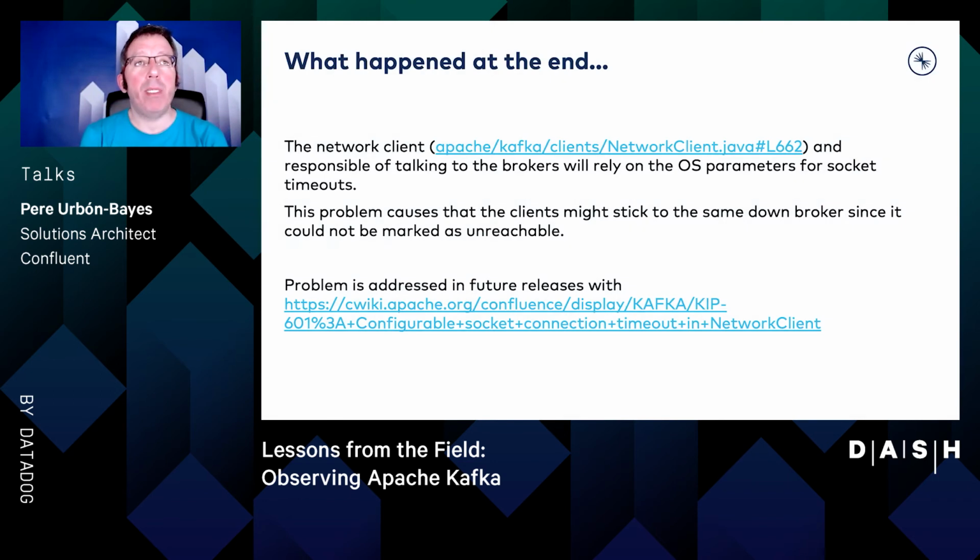So what actually happened is, remember I told you about this network client class? It is responsible for talking to the brokers, and until now it relies on the operating system parameters for socket timeouts.